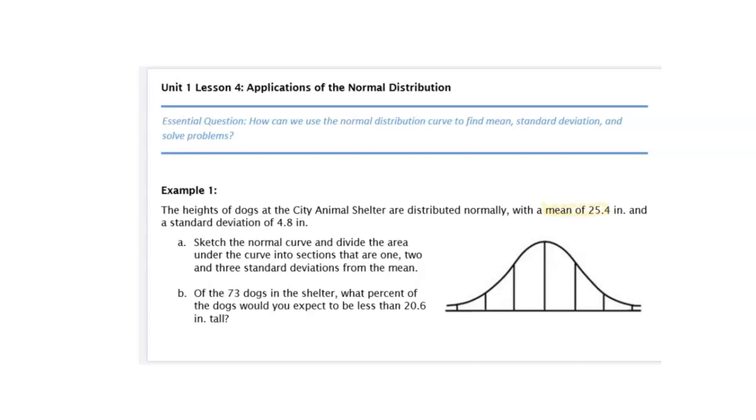So the mean is 25.4, and that's in inches. So 25.4 inches. And we're also given that the standard deviation is 4.8 inches.